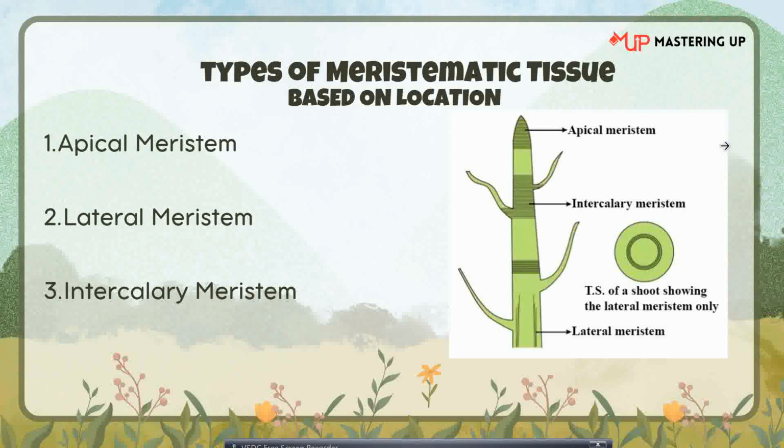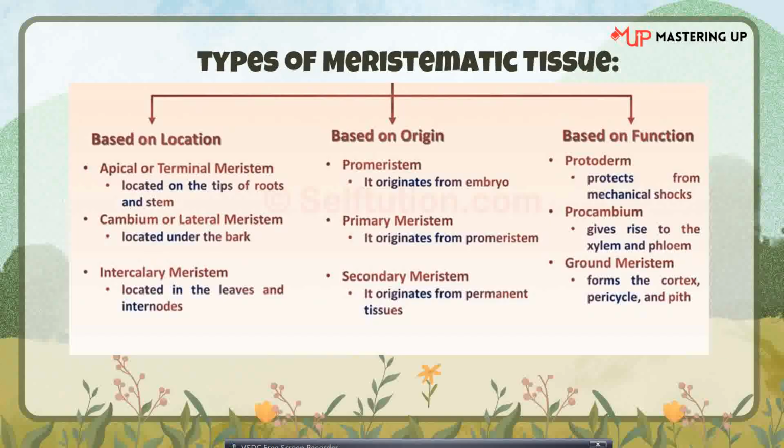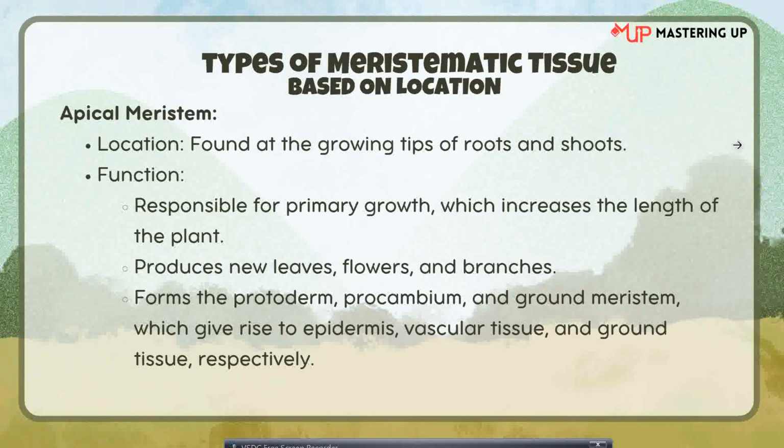Protoderm, procambium and ground meristem are the meristematic tissues based on function, and the apical meristem forms these three meristems.